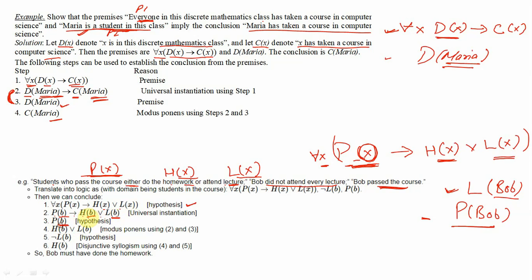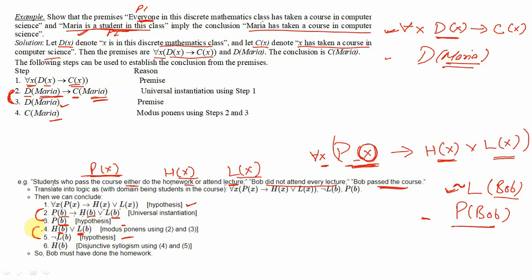Now I know Bob has passed. This is given in the premises. So I can apply modus ponens over here. It means Bob has either done the homework or Bob has attended all the lectures. Now the next premise says Bob did not attend every lecture. Negation of L Bob. This is again a premise. So H Bob or L Bob, and negation of L Bob.